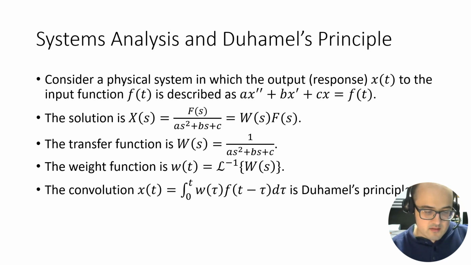W of s is our transfer function, equal to 1 over a times s squared plus bs plus c. The weight function w of t is the inverse Laplace transform of that transfer function. And the convolution x of t is equal to the integral from 0 to t of w of tau times f of t minus tau d tau, which is Duhamel's principle.